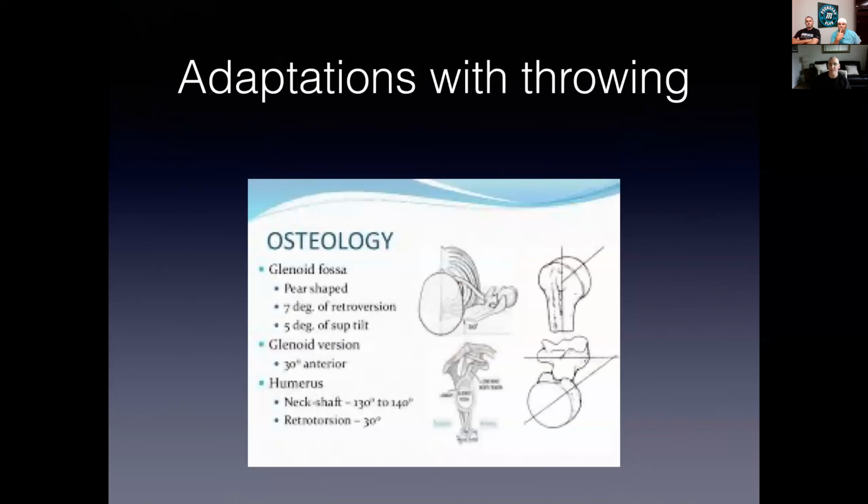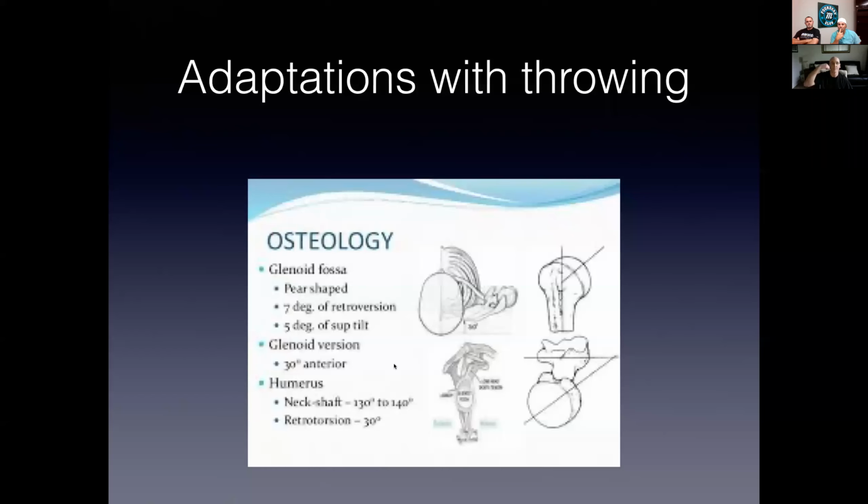So this slide's a little fuzzy because it took me a little time to find some, but this is basically what we're talking about. This fossa has a certain amount of tilt and retroversion, averages 7 degrees as far as the fossa. The overall glenoid version is, again, 30 degrees from going anterior to posterior, and the humerus is tilted as well.